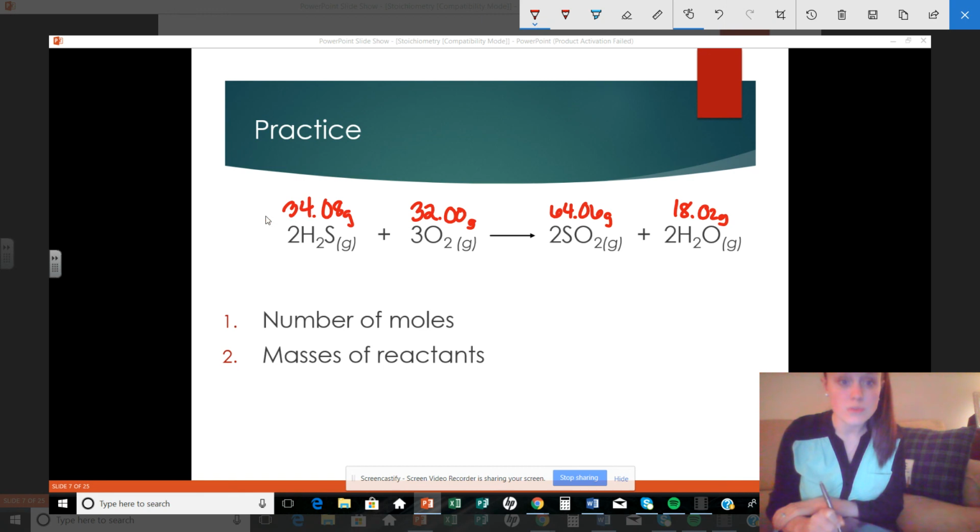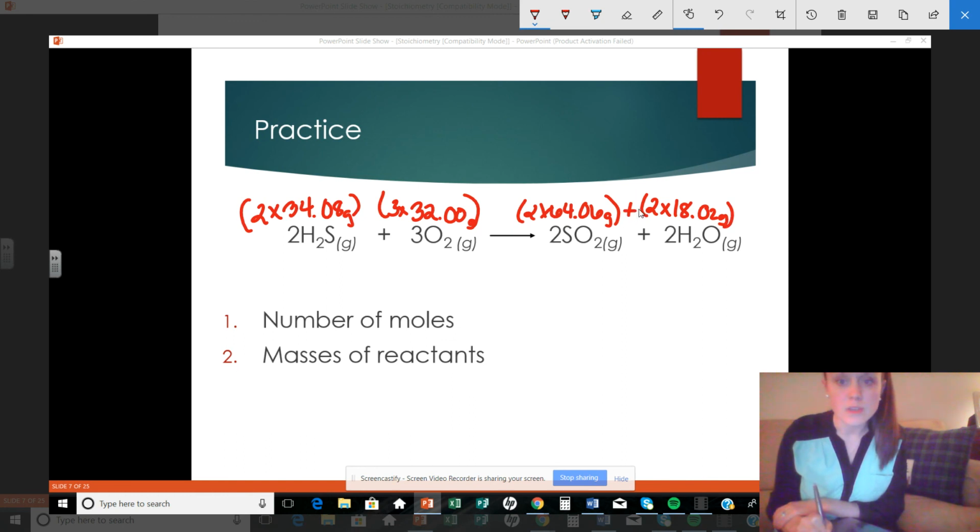You need to account for coefficients. So you'd multiply this molar mass by 2. Oxygen's molar mass by 3. Sulfur dioxide's molar mass by 2. And then multiply water's molar mass by 2 as well.